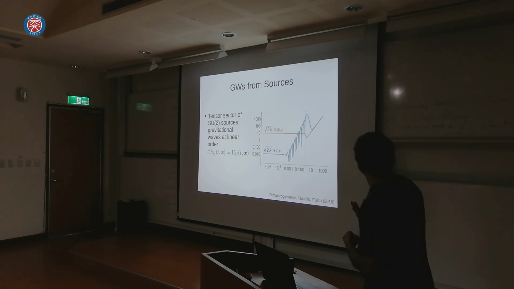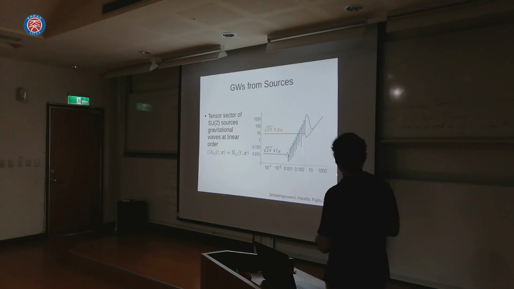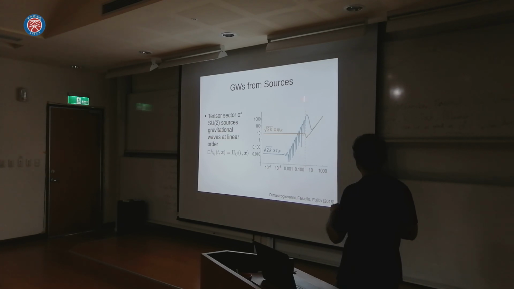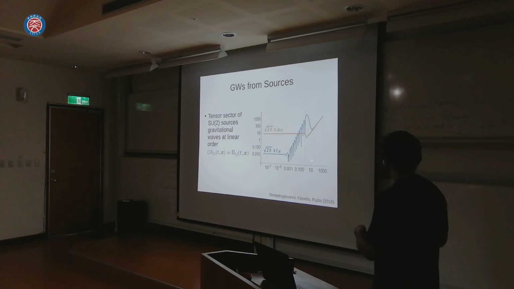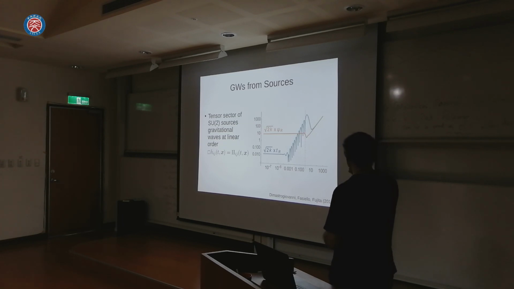In order to understand in a little more detail what happens, here is a plot showing the amplitude of the gravitational wave, which is denoted as h, and the amplitude of the tensor part of this gauge field, which is denoted by T. This line denotes the horizon crossing. This is the point at which the gravitational wave or this gauge field exits the horizon, and its amplitude becomes frozen.